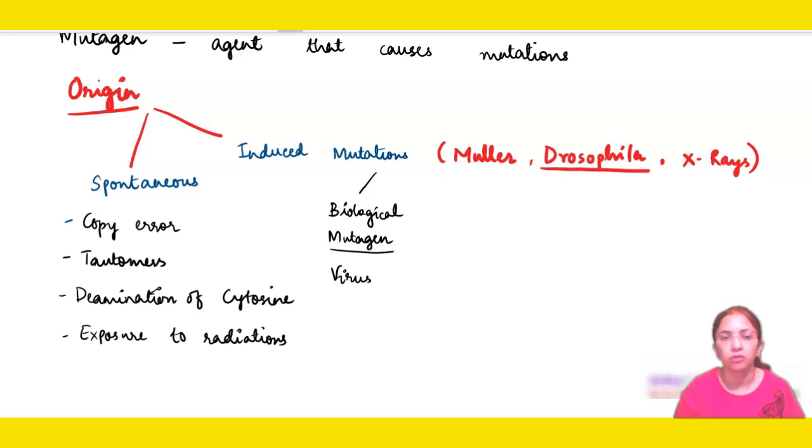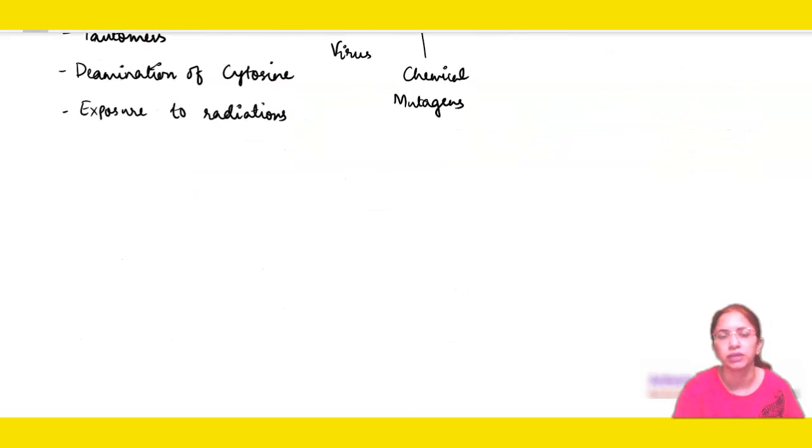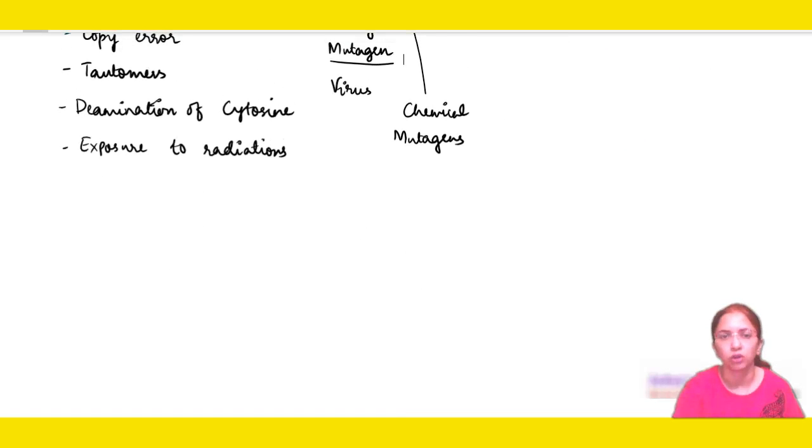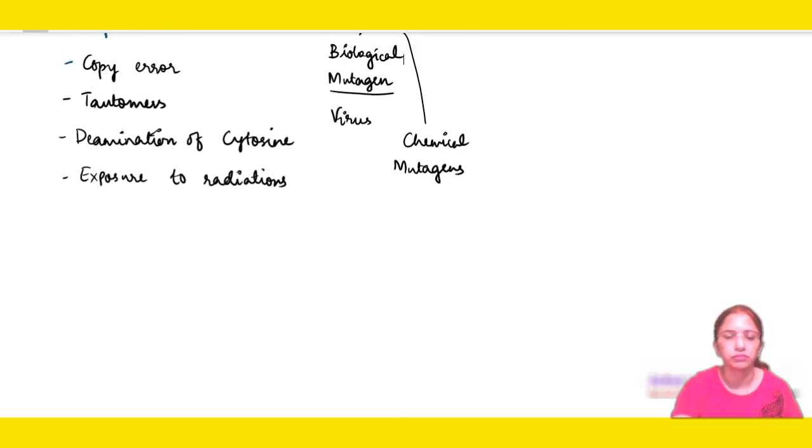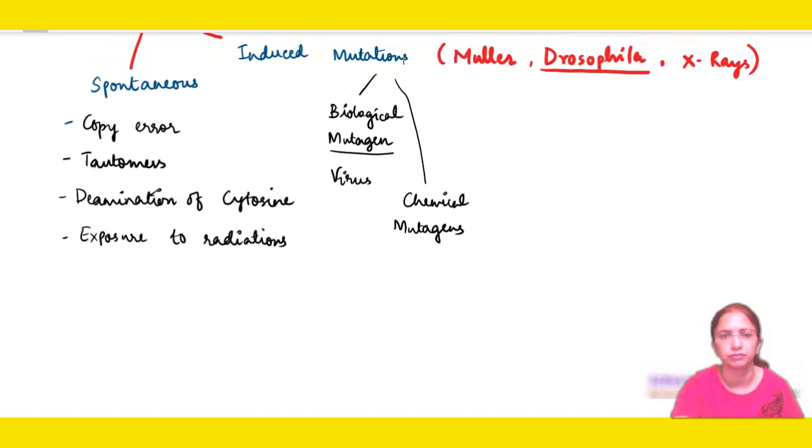Okay, now there could be chemical mutagens as well. As the name itself makes clear, some chemicals will be used and they will induce the mutations. There are many chemicals, but we will be discussing just a few because we want to know the names. Names are very, very important, okay? So nitrous acid falls in this category.